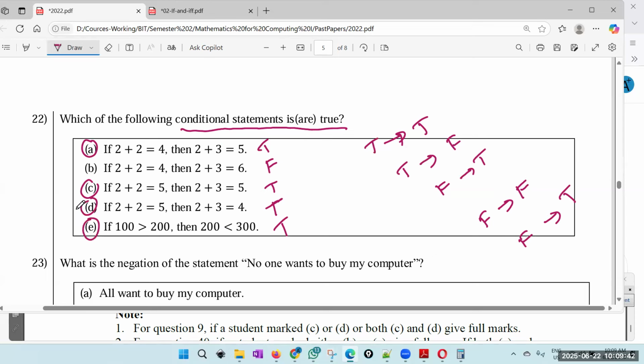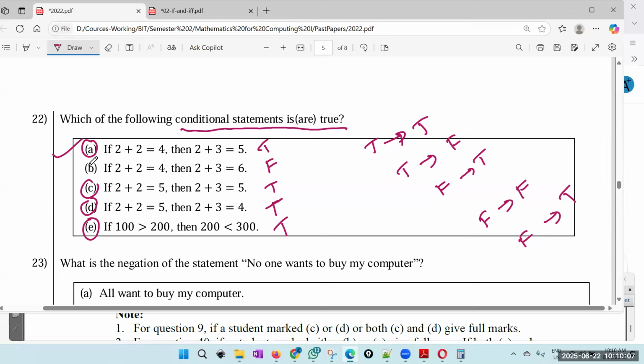But do we need to think about the reality? If this is true, this is true. But definitely A is the answer. Definitely A is the answer. If 2 plus 2 is 4, 2 plus 3 is 6, that is not an answer because true and false.